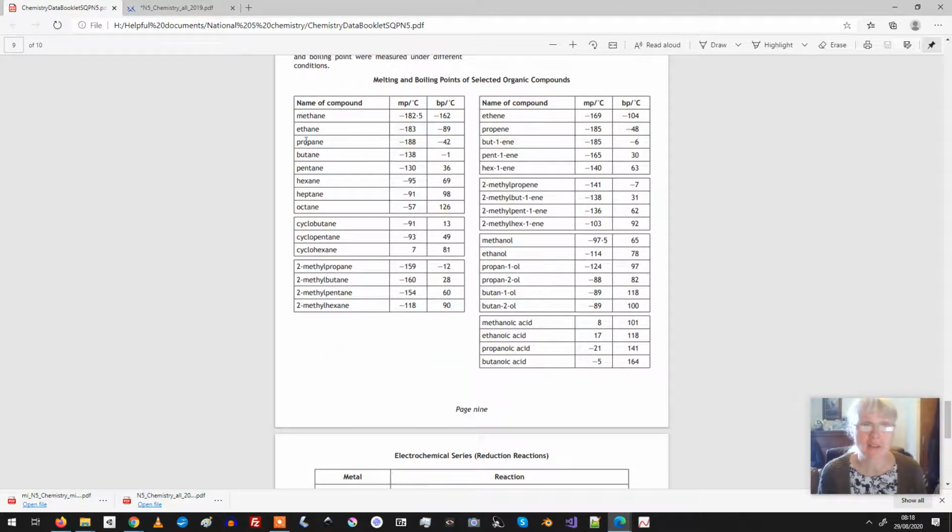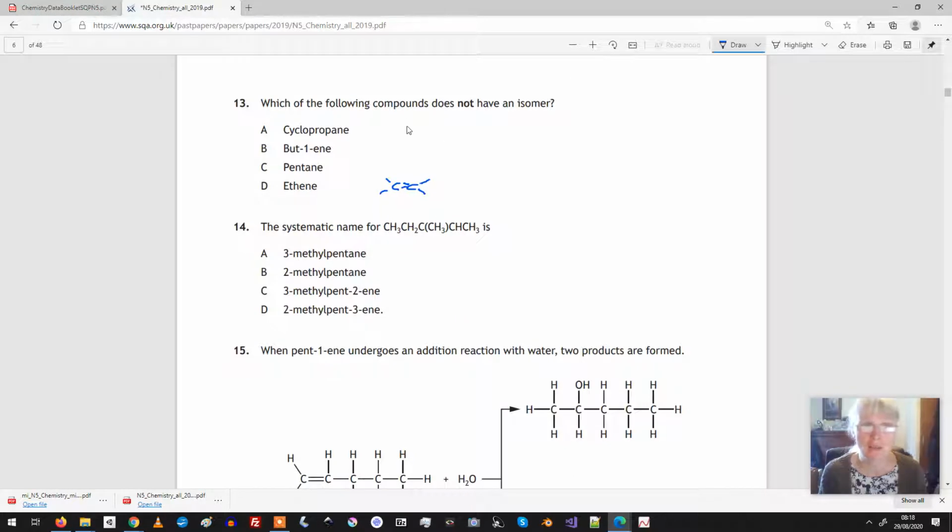Right, cyclopropane. If we have a look here, prop, that's the third one down, so it will have 3 carbons, and it's cyclo, so it will be in a circle, with 4 bonds around every carbon. So that's C3H6, 1, 2, 3, 4, 5, 6.